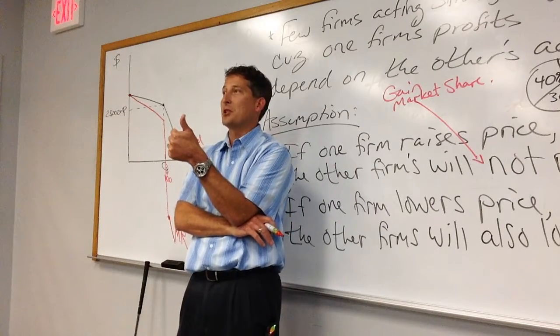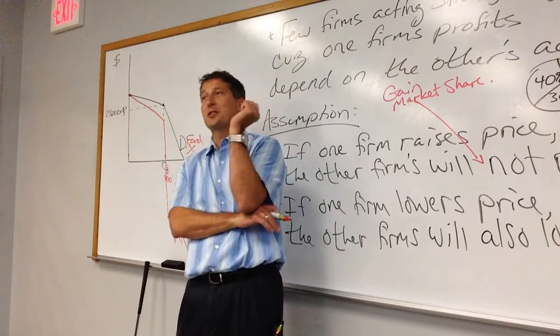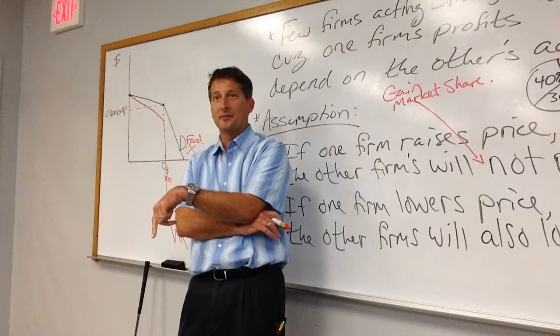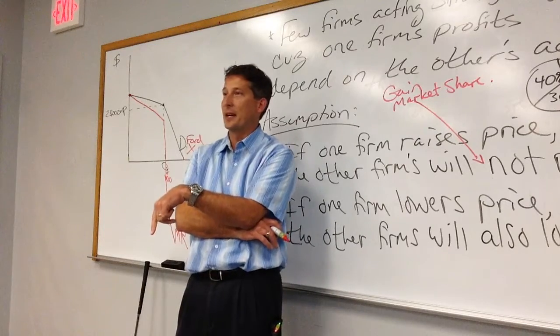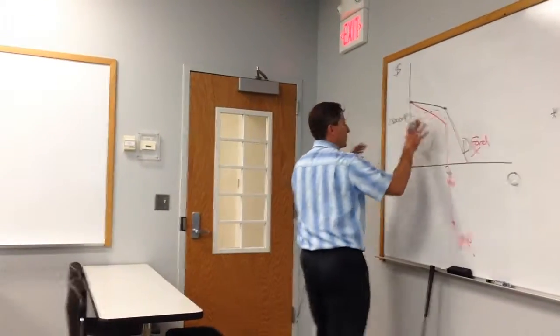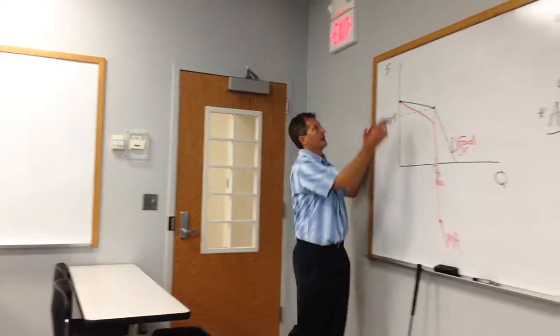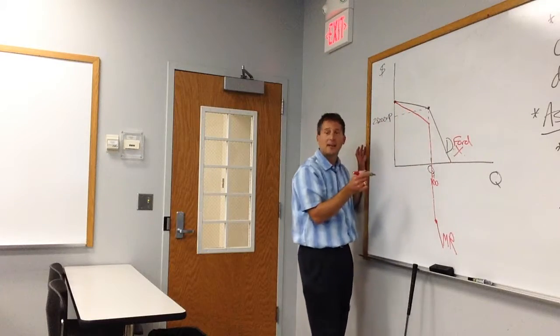Does Ford have much incentive to increase the price of their car? No. Do they have much incentive to decrease the price of their car? Not really, right? So because of this strategic behavior, prices tend to be sticky. And where they're sticking is at the kink.